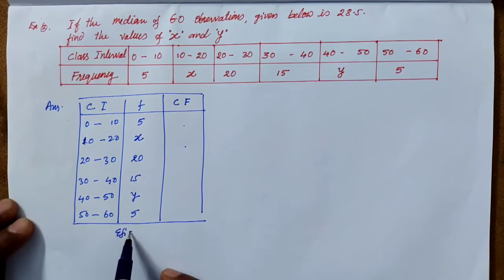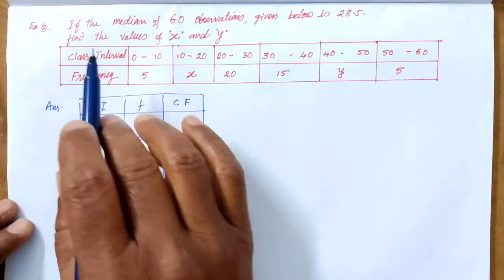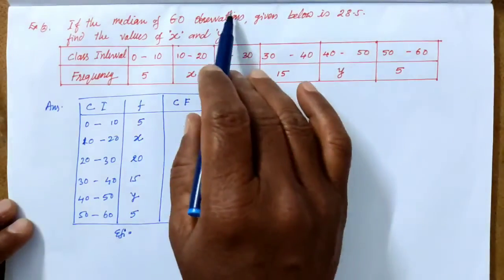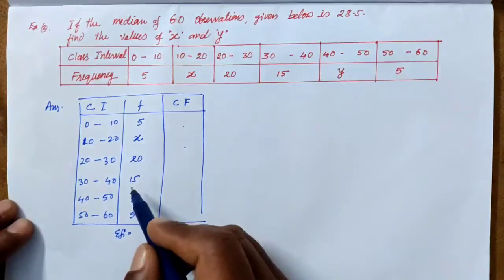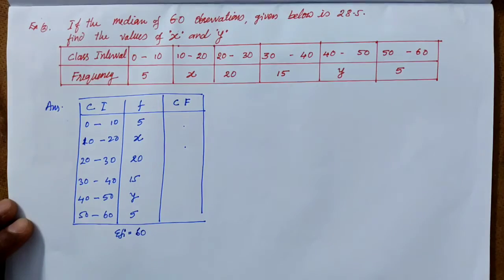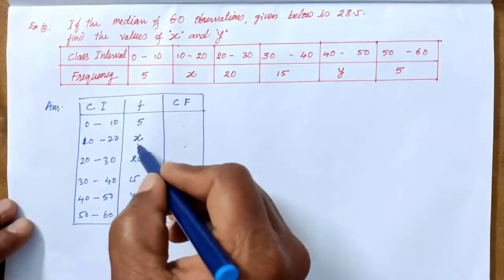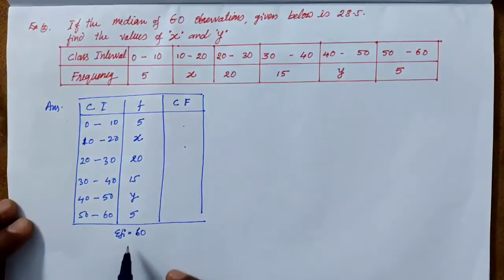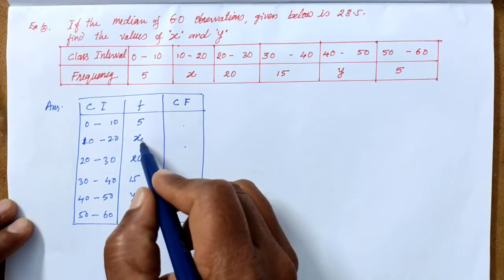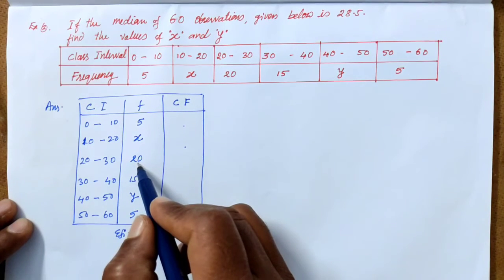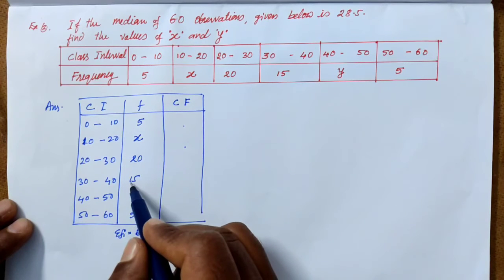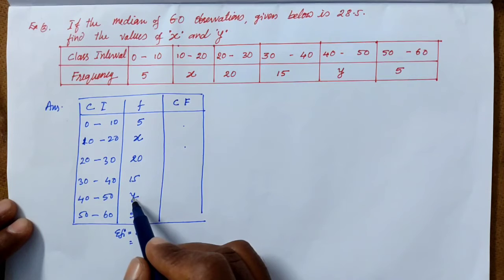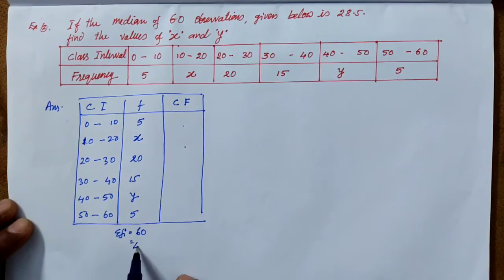So the sum of the frequencies is how much? 60 observations are there, so the sum of all these is 60. But if you add all these, how much is it? 5 plus x, 5 plus x plus 20 is 25 plus x, plus 15 is 40 plus x plus y, plus 5 is 45 plus x plus y.